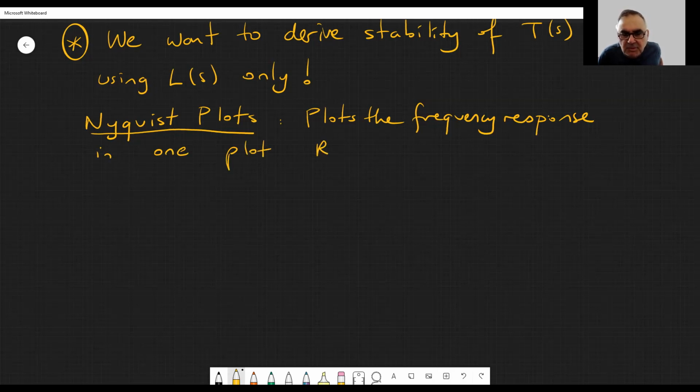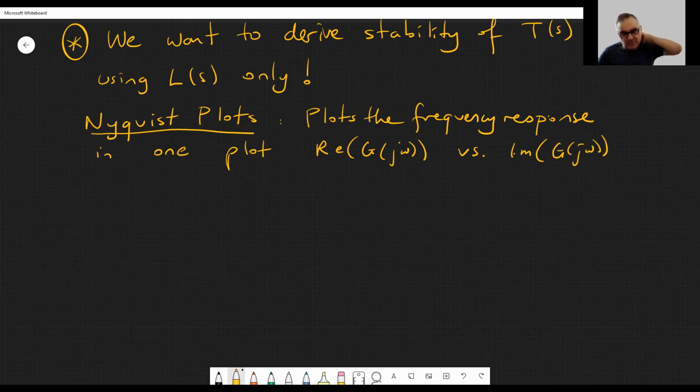It is the real part of the frequency response, real of G of j omega, versus the imaginary part of G of j omega.